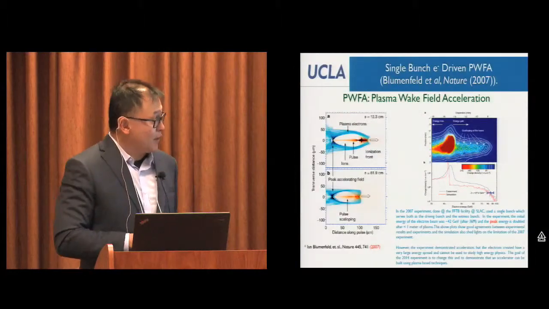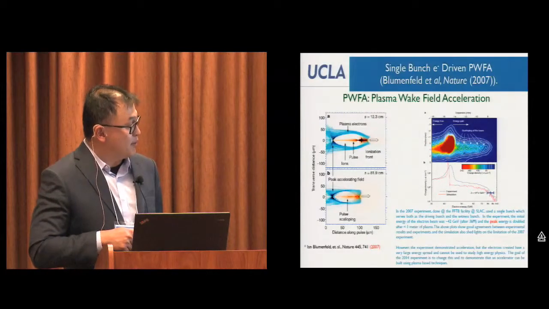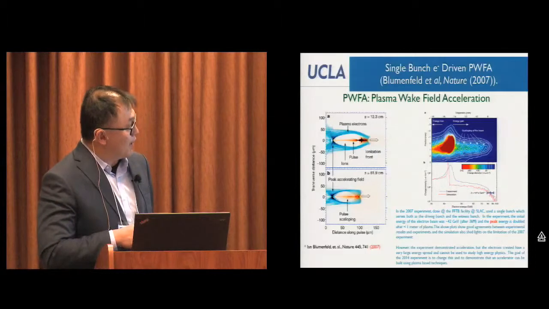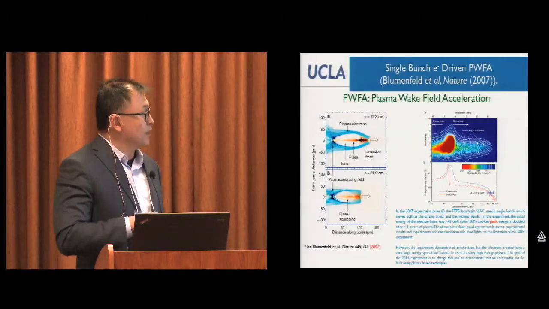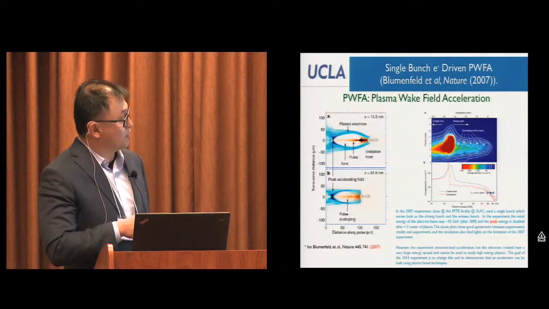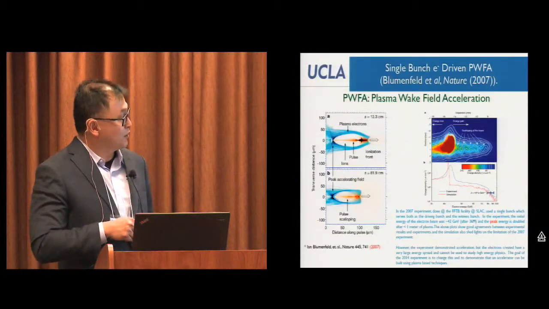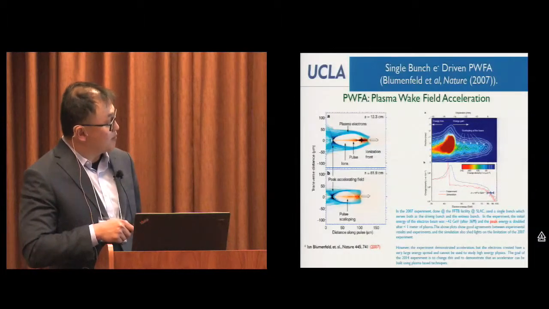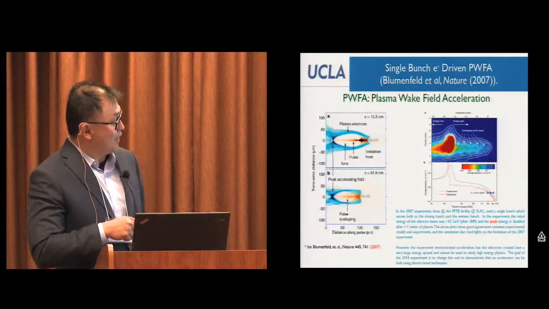In 2007, on the FFTB facility at SLAC, we used a single bunch, both as the driving bunch and the witness bunch. Here I'm showing you a plot of the electron beam, and the blue is the plasma density, showing that the FFTB beam acts both as a driver and the trailing bunch.